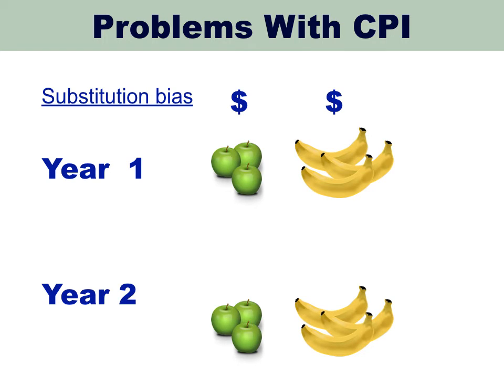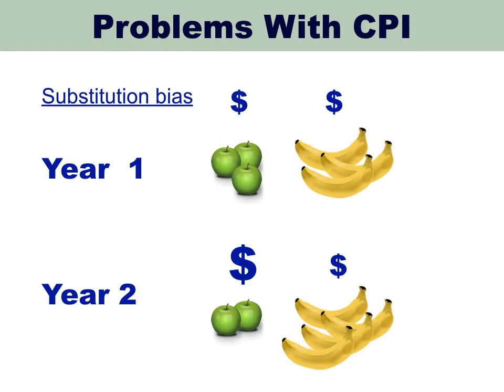Now, imagine in year 2, the price of apples has gone up a lot. Well, if this is the case, then in year 2 we're going to substitute towards bananas. That will save us some money.